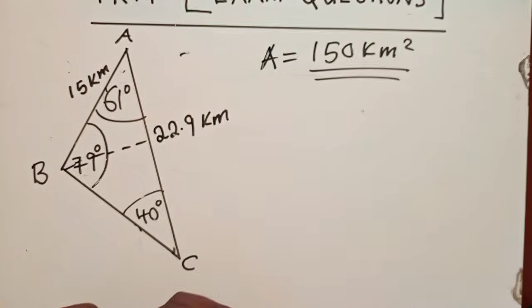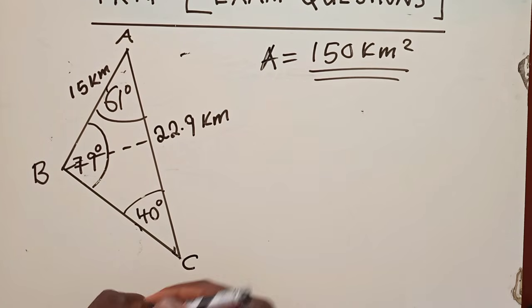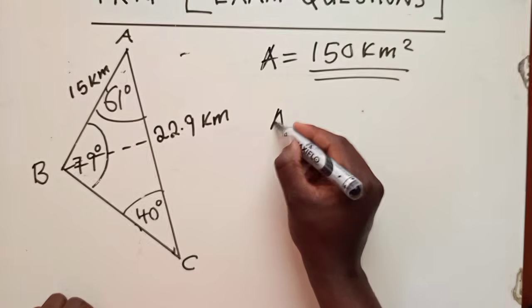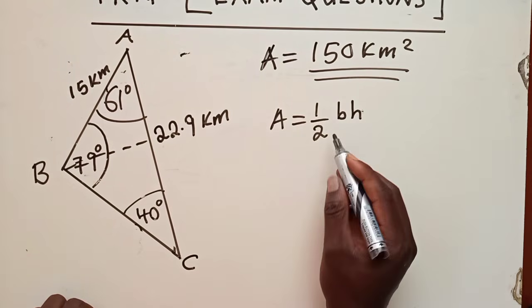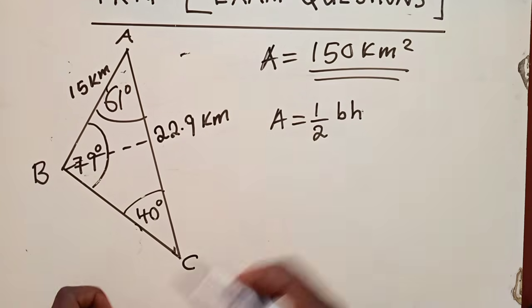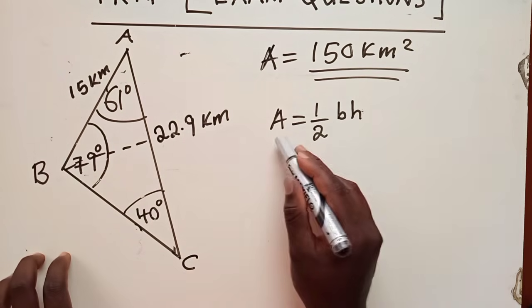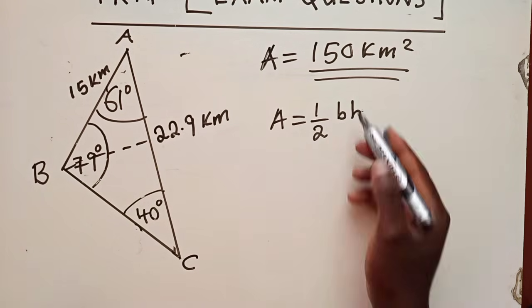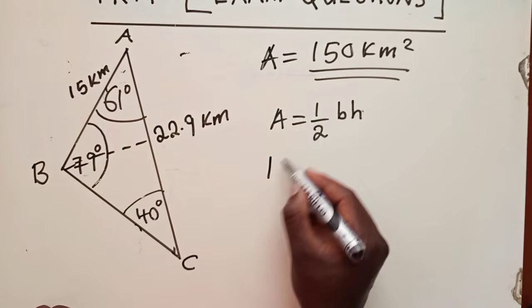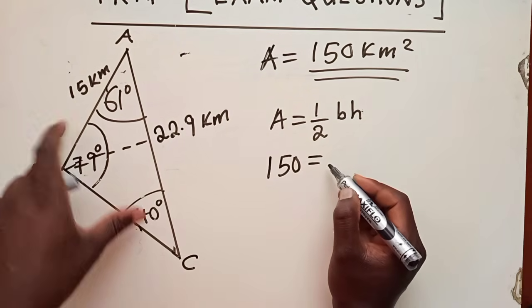It's very important. So once you find that area, you come and use the formula for finding a right angled triangle area. So you just say area is equal to 1 over 2 b times h. So here, we know that the area of the triangle is 150.